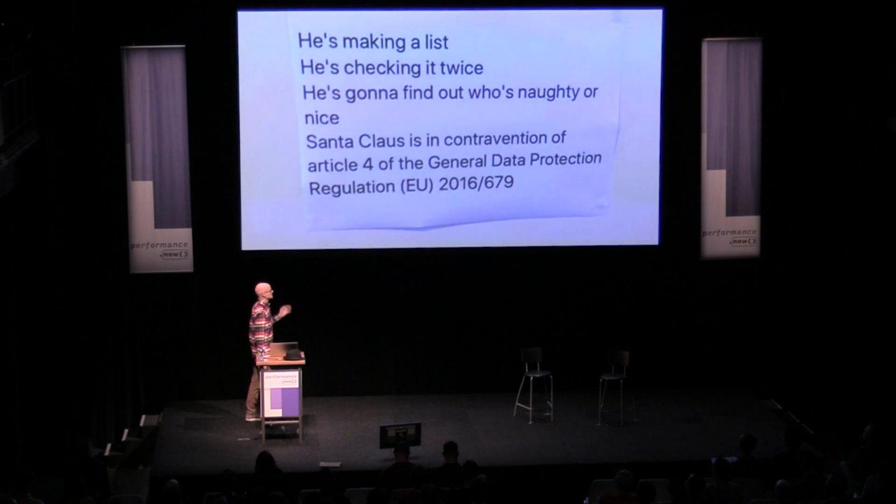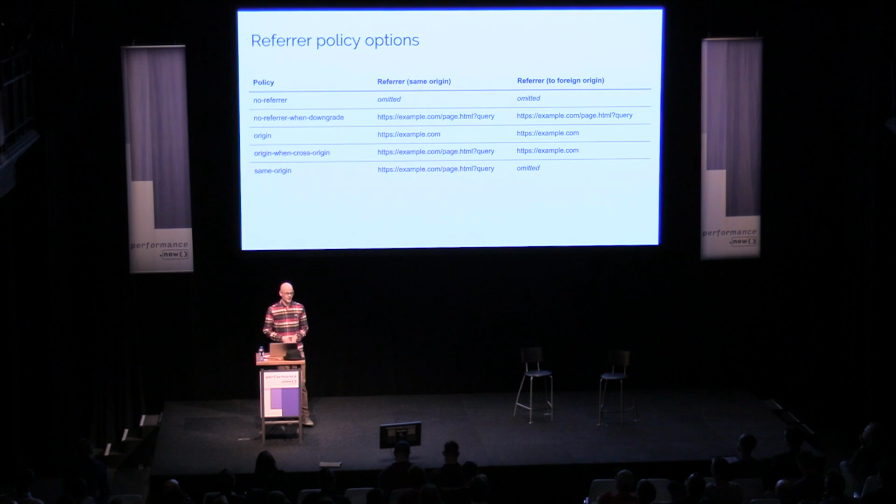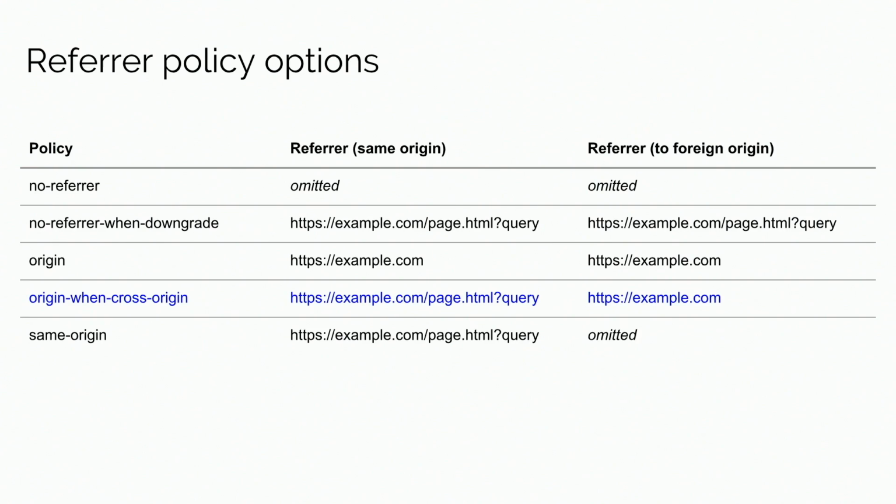I think the reason is because there's nothing about referrers that is actually relevant to GDPR, and so we're spending all of our time thinking about cookies and GDPR and a lot less thinking about referrers. But we should have a referral policy. My favorite option for this header is origin-when-cross-origin, which gives you the full fidelity URL in the referrer header if you are linking internally within your site, and just the host name if you're linking outside.